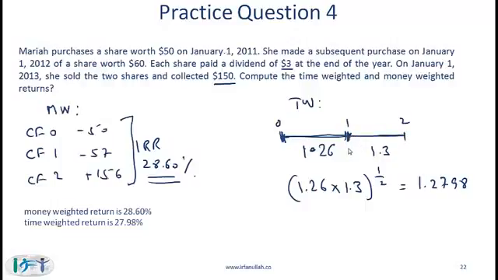So the dollar here became 1.3 at the end. If you think of the dollar from the start of the year, that becomes 1.26 times 1.3. To compute the time-weighted return, we need to find the geometric mean of these two numbers. So we multiply them and raise to the power of 1 over 2 because we have two periods, and we get 1.2798. This means that the return is 27.98%.